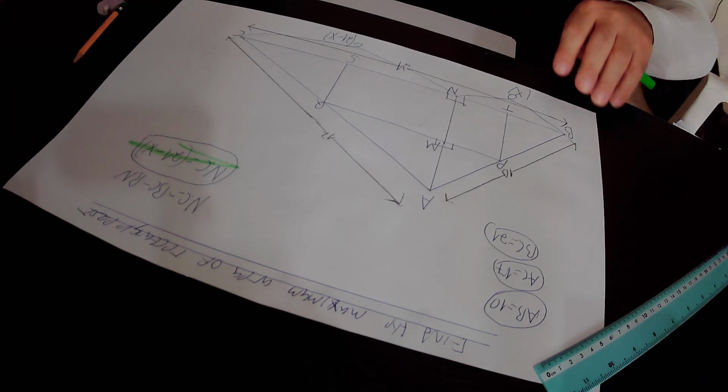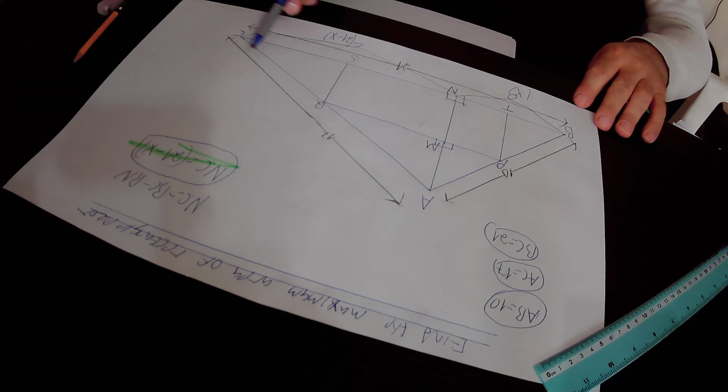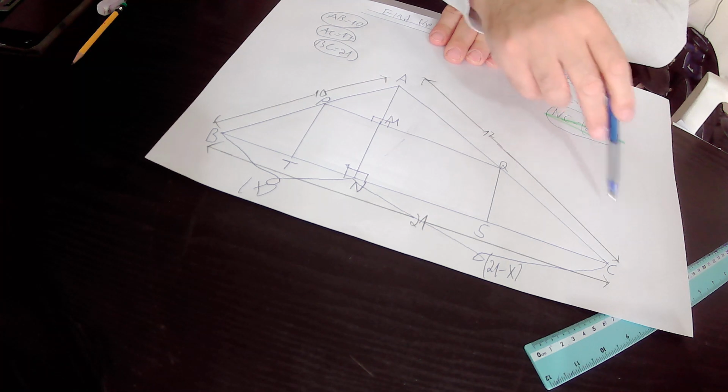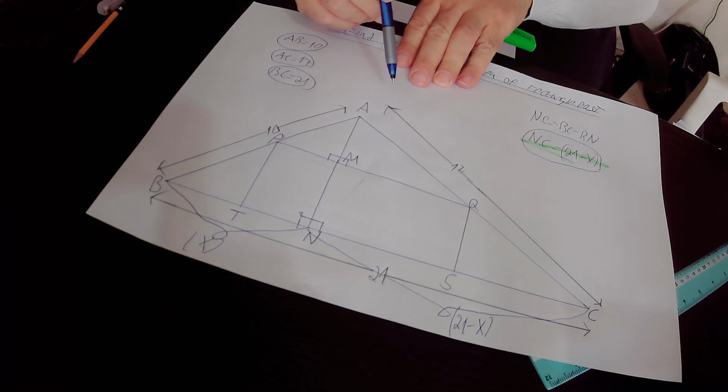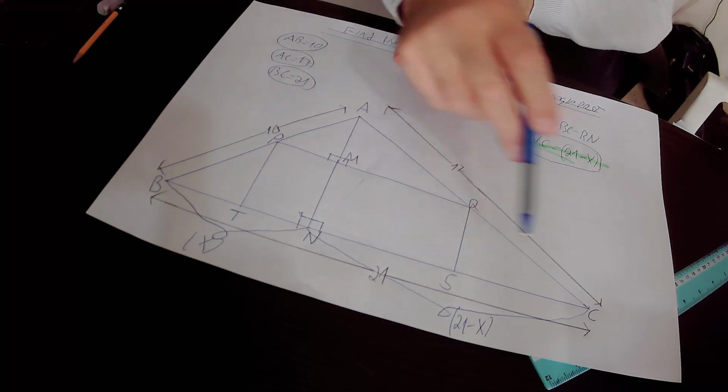In the next step, I'll copy this right triangle ANC to a new page, and we apply the Pythagoras theorem to this right triangle ANC.